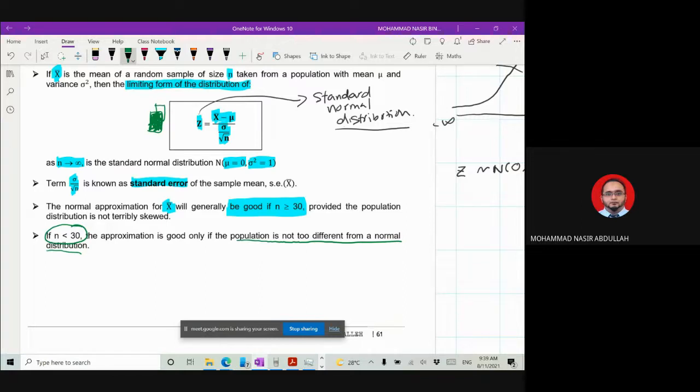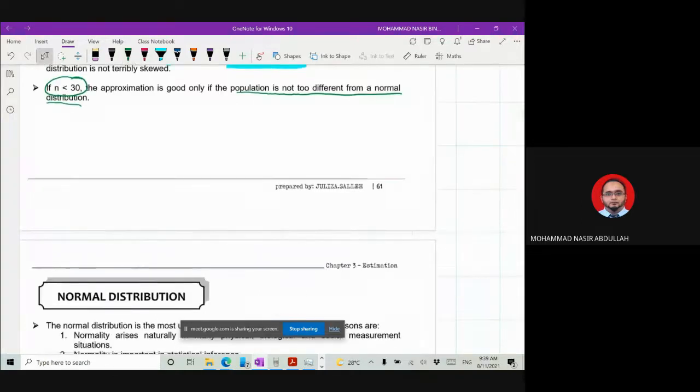Do you understand what I'm saying? Like this, let's say we have a population, let's say n equal to 28. This is the population size. So we know that from this population we have a normal distribution.